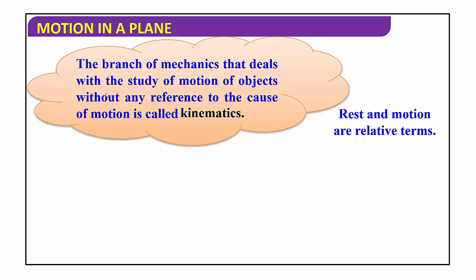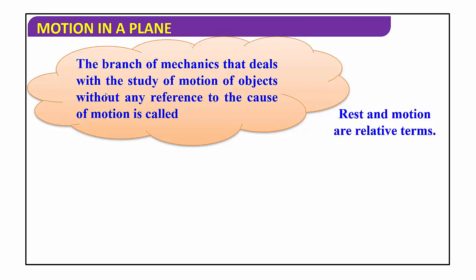First we have to know what mechanics is. Mechanics is the branch of physics which deals with the study of motion of objects. In mechanics, again there are two branches, kinetics and kinematics.